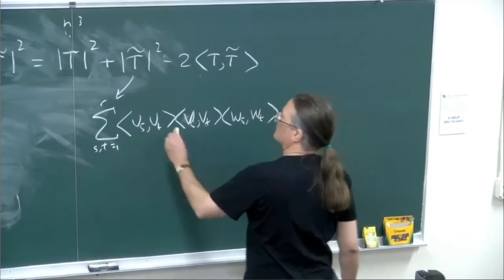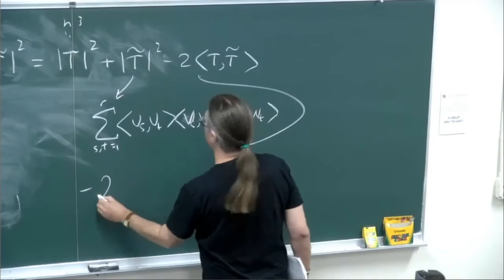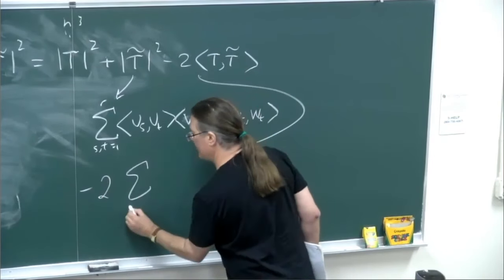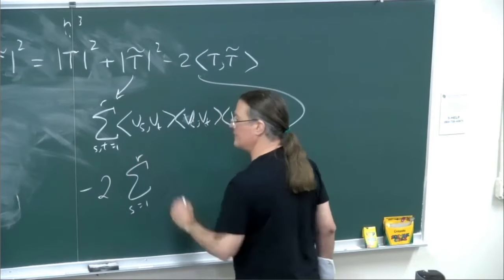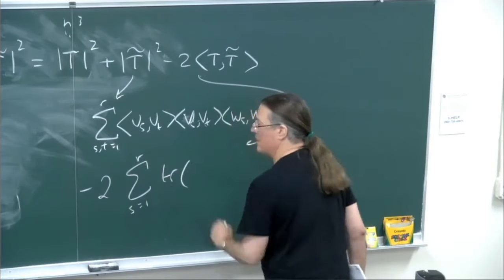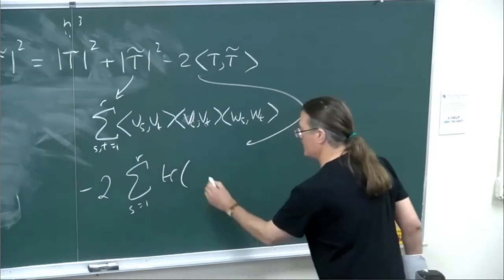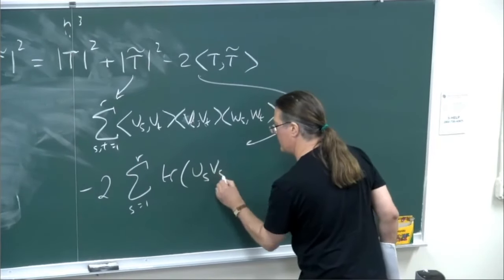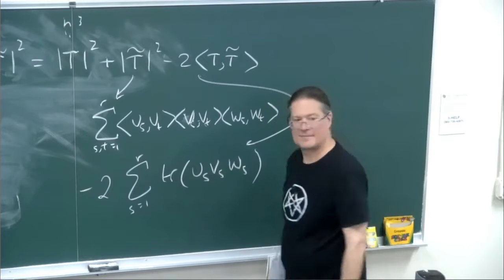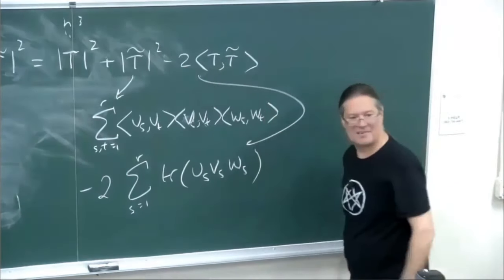So this term is minus 2 times the sum over S of the trace of the matrix product of these three things. Okay, so that's kind of cute, because that's what T does. That's its job.